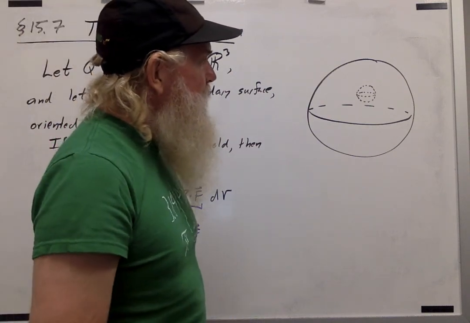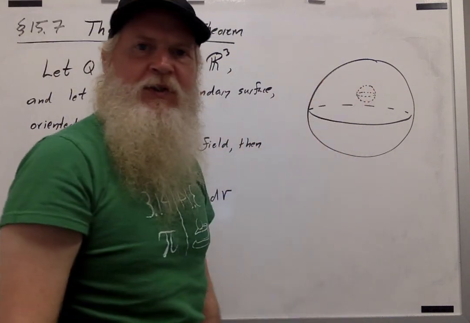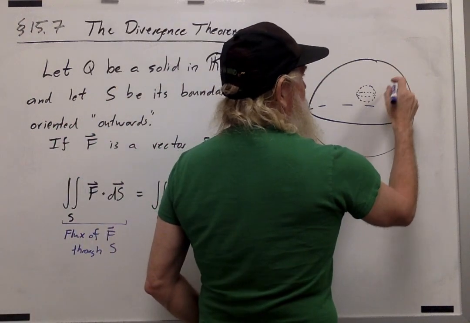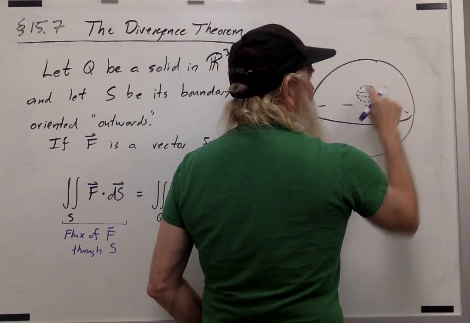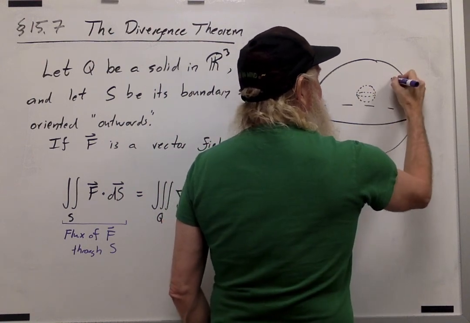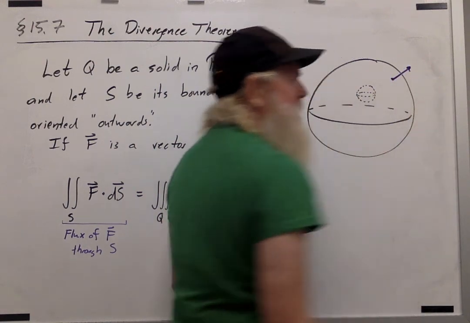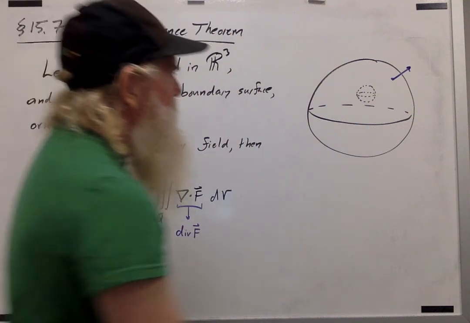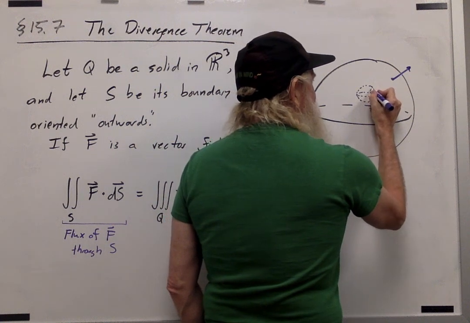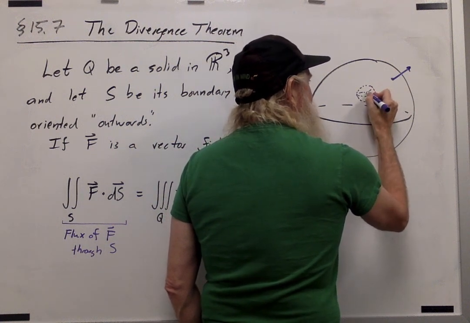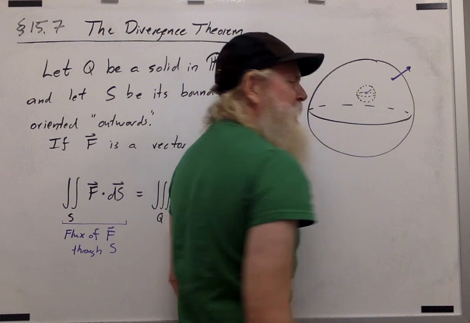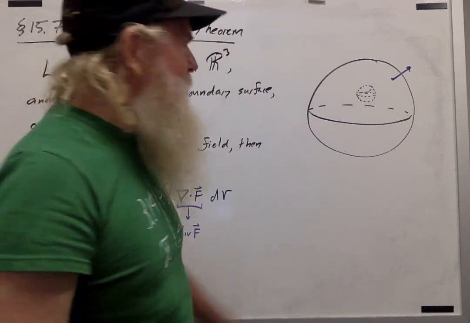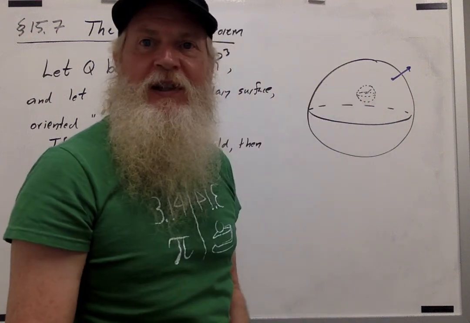Then this solid, the solid between those two spheres, has two surfaces. One surface is the outer sphere, and the other surface is the inner sphere. The outer sphere gets the unit normal which points into the air. The inner sphere is going to be the unit normal that points back toward the center of that sphere. So again, pointing into that air pocket, not pointing into the solid between the spheres.